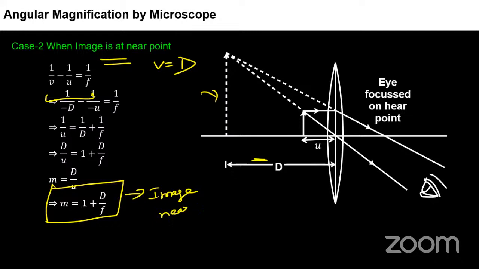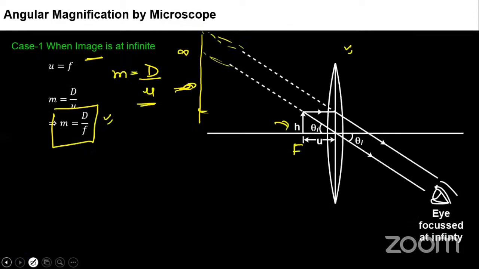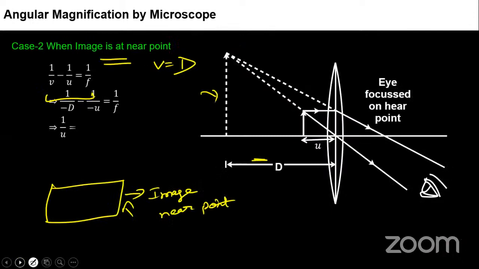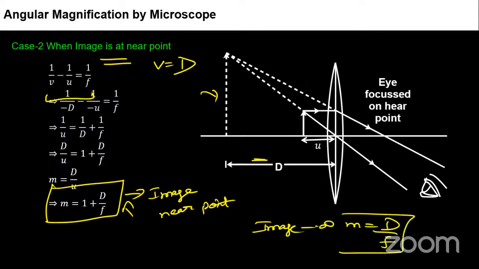Okay. So this is the formula in front of you: when the image is at near point, you will say magnification is this. And when the image is at infinite, magnification is d by f. Both the formulas I have kept on your screen here. This is for near point. Remember this thing.